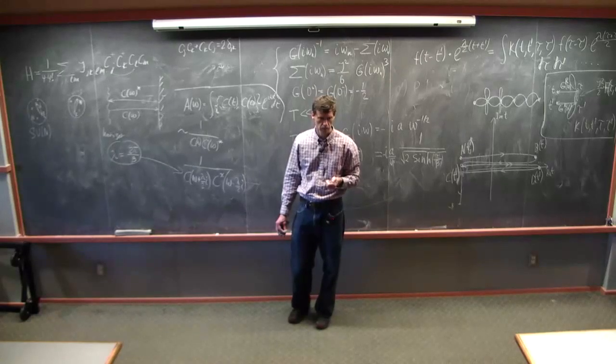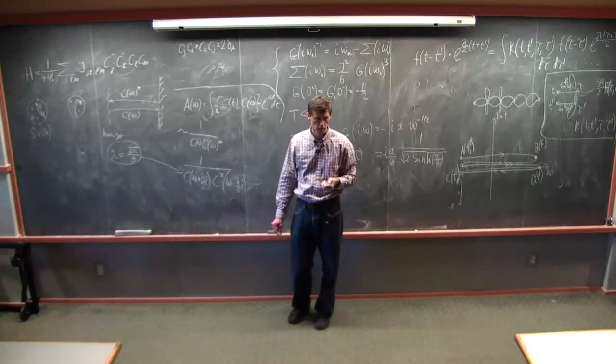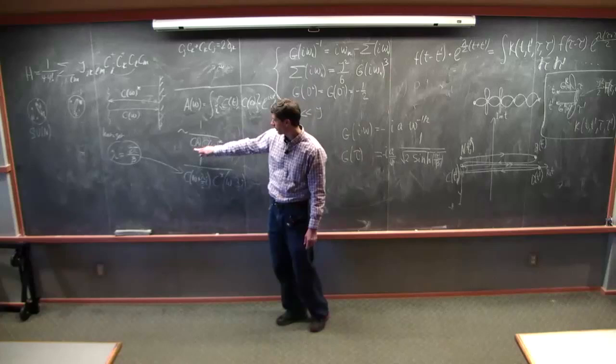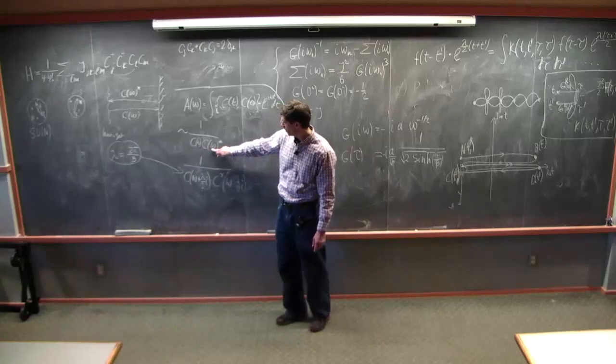It seems like if you can define those operators for any thermal system, you can go through with this calculation. Where can I see that the two kinds of systems diverge? Right. In general, C of omega will be analytic in the upper half plane, and C star will be analytic in the lower half plane. What happens if we extend C star in the upper half plane?